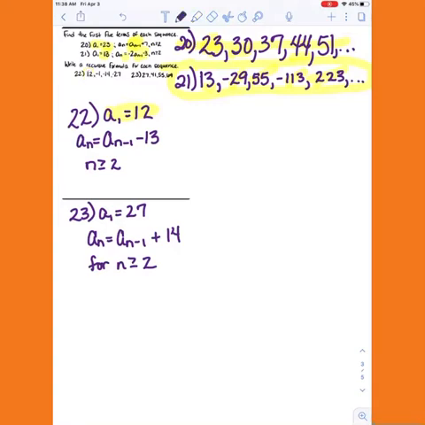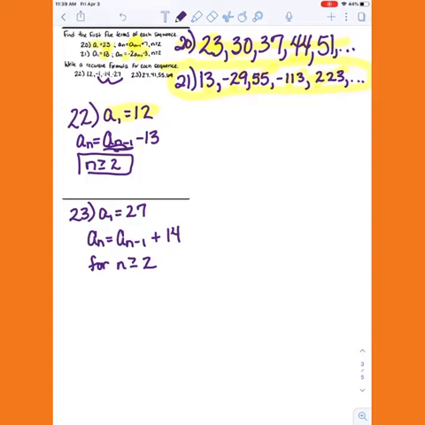Well, looks like to get from 12 to -1, I subtracted 13. Let's see if that pattern continues. From -1 to -14, I subtract 13. From here to here, I subtract 13. So I take the previous term. We have a sub n minus 1. That just means the previous term. And I subtract 13. And this has to be for all values of n greater than or equal to 2.